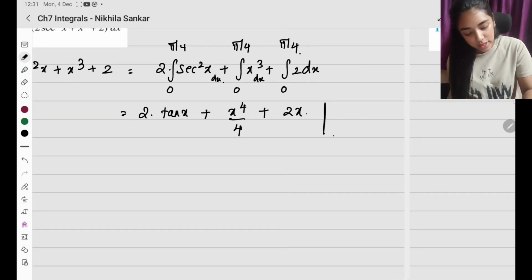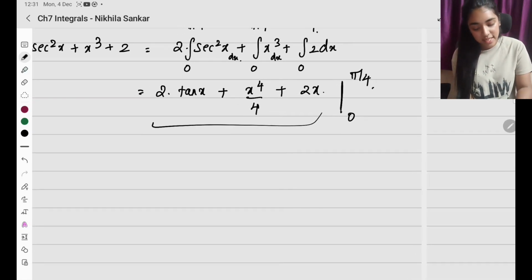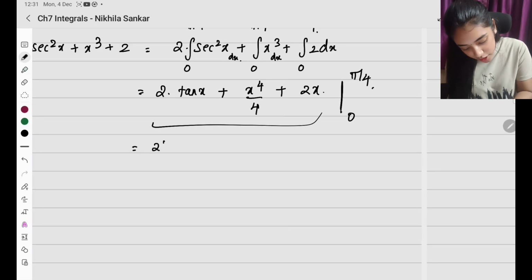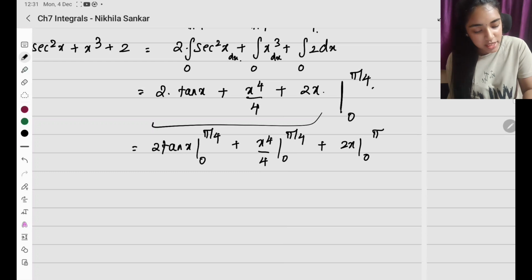This I need to take the limits from 0 to pi by 4. Okay. So I can take f of pi by 4 minus f of 0, or I can take it for individual terms. It will be easy for calculation. 0 to pi by 4, plus x power 4 by 4, 0 to pi by 4, plus 2x from 0 to pi by 4.